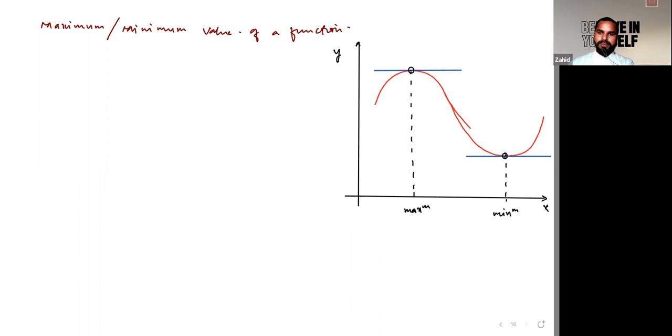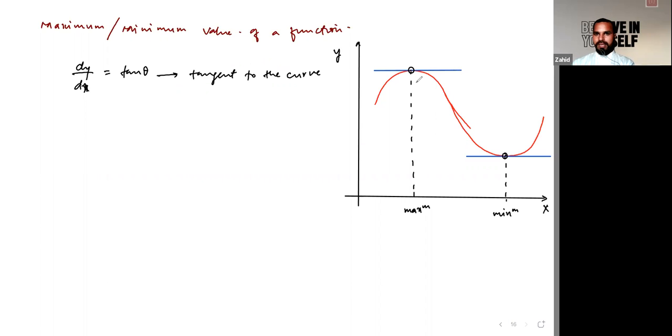Y with respect to x. Now, if you differentiate any function, dy dx simply tells you tan theta, or it will simply define you the tangent to the curve. That's why I've drawn a tangent at this point and a tangent at this point.